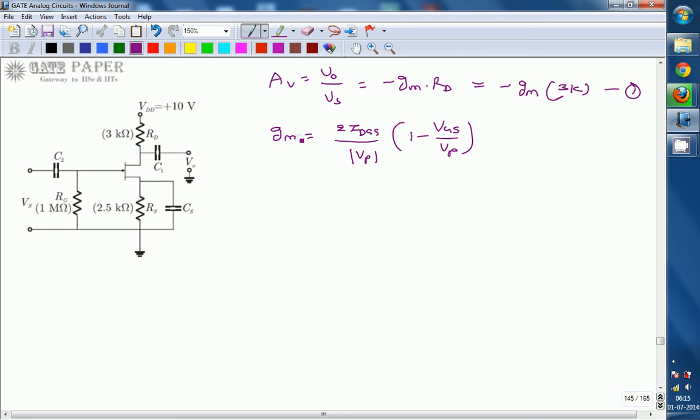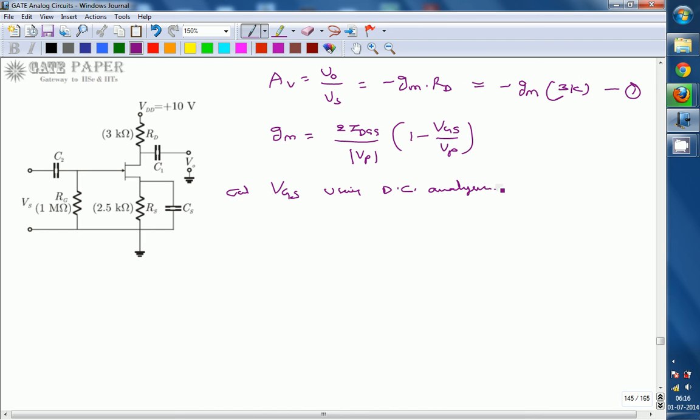We have to calculate VGS because IDSS is given in the question, whose value is 10 milliamperes, and Vp, the pinch-off voltage, is given as minus 5 volts. The rest of the thing we require is VGS. So calculate VGS using DC analysis, because this VGS is a DC value.